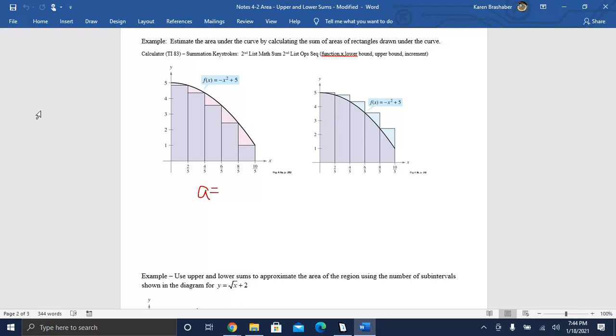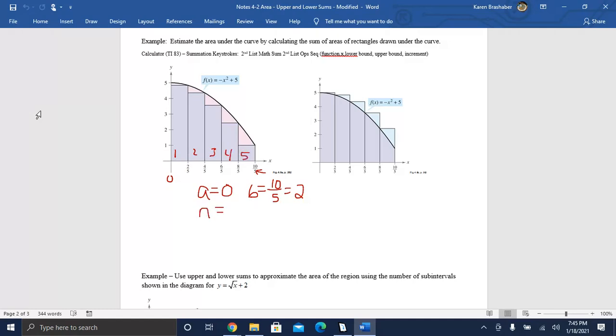Our a is 0. This is 0 right here. Our b is 10/5, this last number right here, and 10 over 5 is just 2. So our a is 0, our b is 2. We have 1, 2, 3, 4, 5 rectangles.